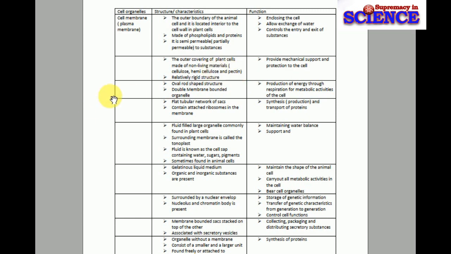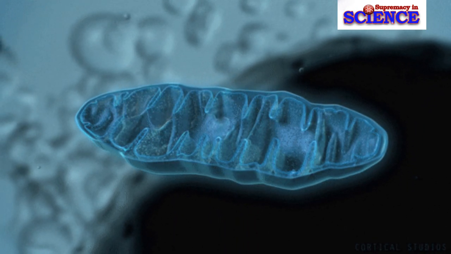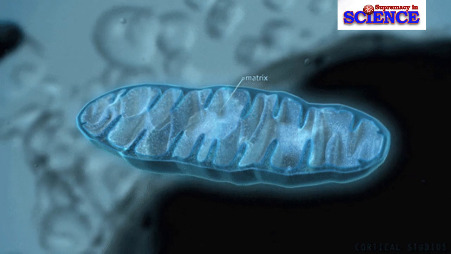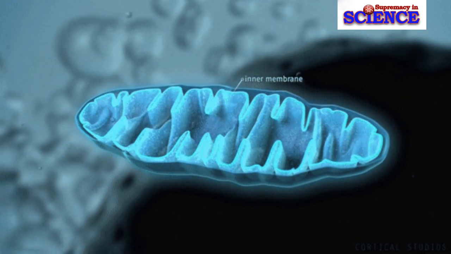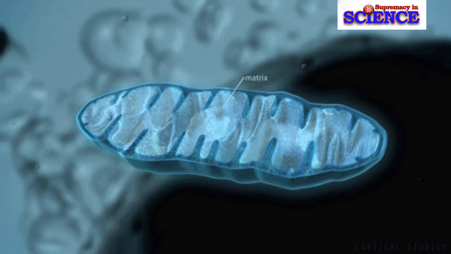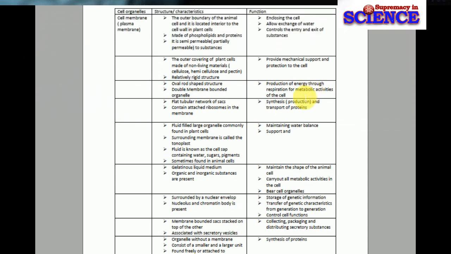Right. Next one. Oval or rod-shaped structure. Double membrane bounded organelle. From that you can't find out what the structure is. But if you go to the function, production of energy, quickly you are getting the answer, that is the mitochondria.